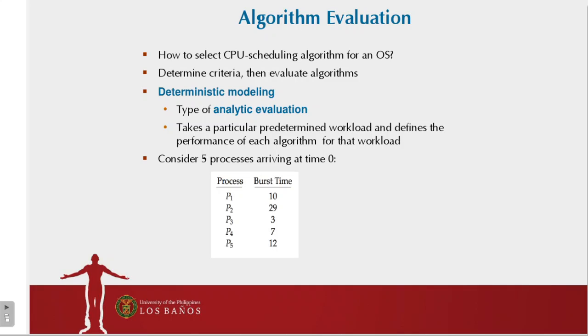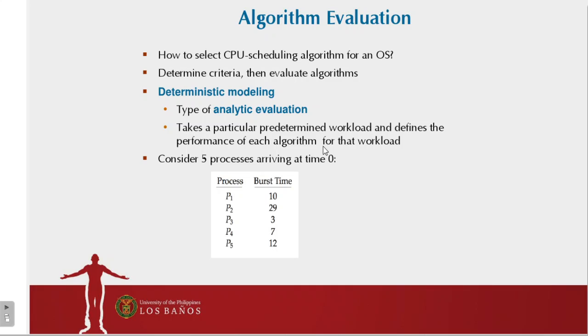Let's say you have a research project and you are asked to evaluate different scheduling algorithms. How are you going to approach that? There are several ways to do that, and the first step, of course, is to determine the criteria and then evaluate the algorithms.